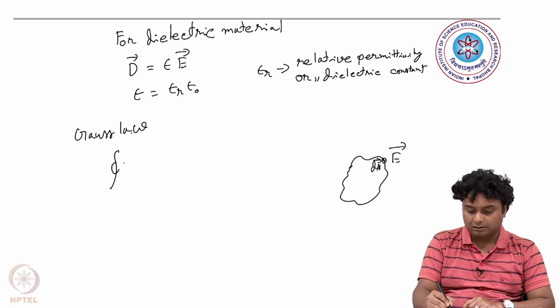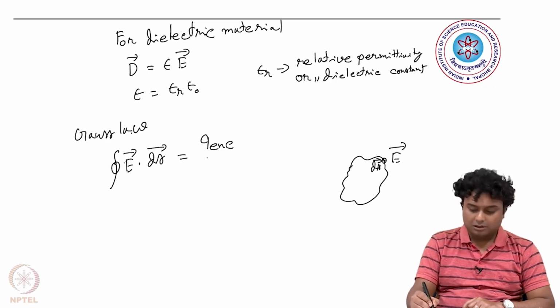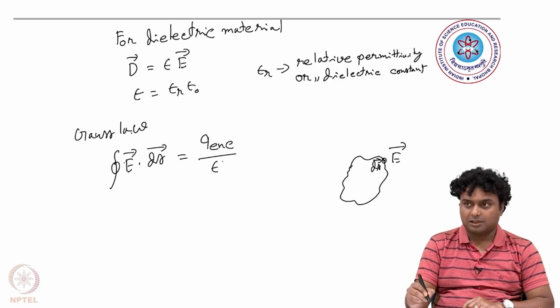Now according to the Gauss law, the surface integral of E dot ds is equal to the charge enclosed q enclosed divided by epsilon.